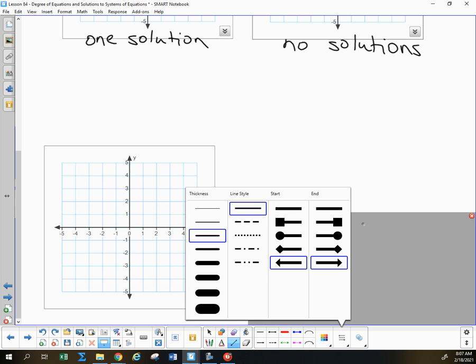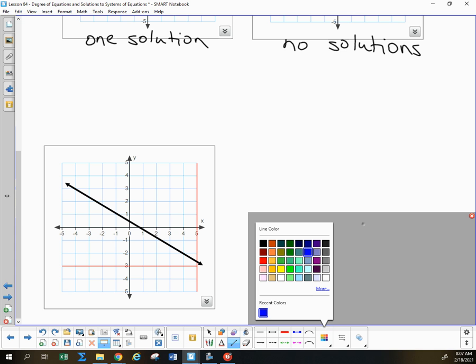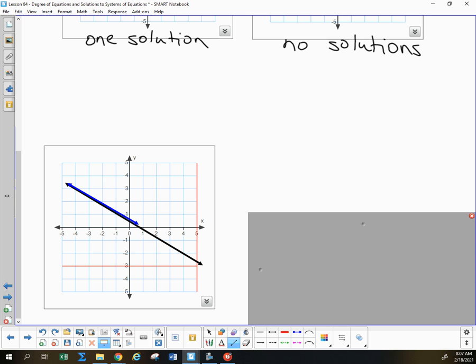So I might have, I'll do something with a negative slope here just because. I might have one like that. And then I might have another equation. And if I graph it, it might look like that.